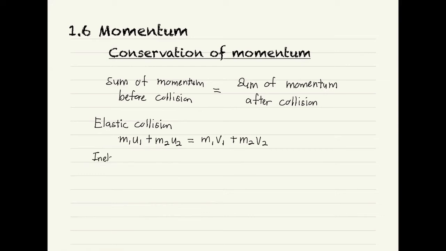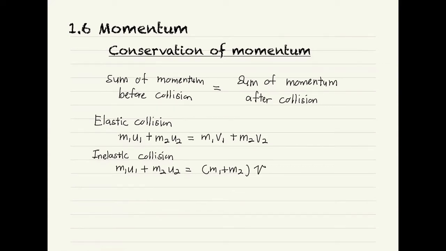For the inelastic collision, m1u1 plus m2u2 equal to (m1 plus m2) times v. For the explosion, 0 will be equal to m1v1 plus m2v2.